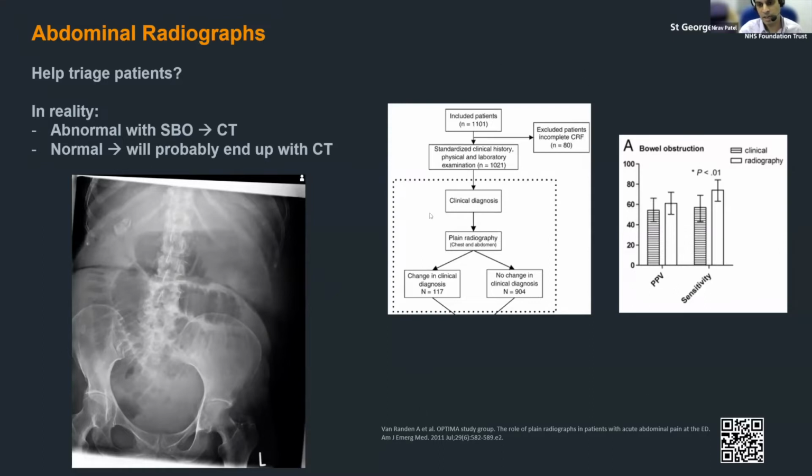And in reality, when we do them, they rarely change the outcome. So this is a large study that looked at 1,000 X-rays, and it only changed the clinical diagnosis that was suspected in about 10%. However, particularly for bowel obstruction, the sensitivity does increase in terms of diagnostic sensitivity when using radiography compared to clinical assessment.